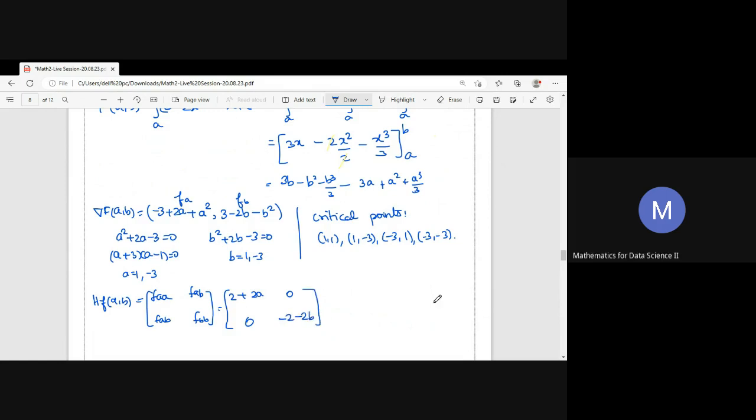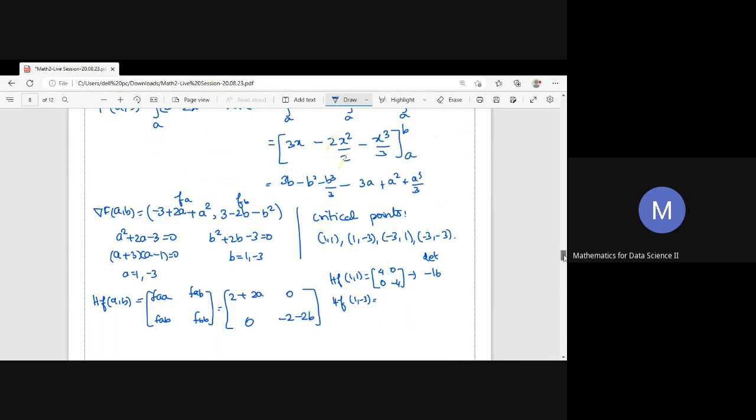Now what is the Hessian of (1, 1)? It is 4, 0, 0, minus 4, and the determinant for this is minus 16.